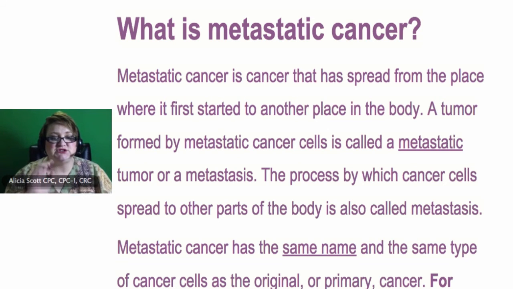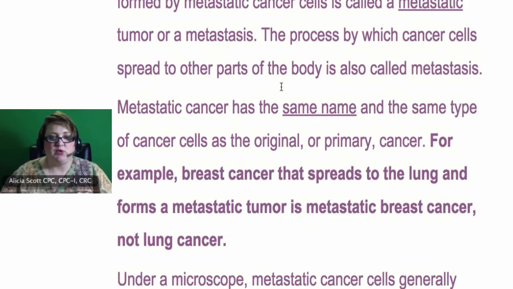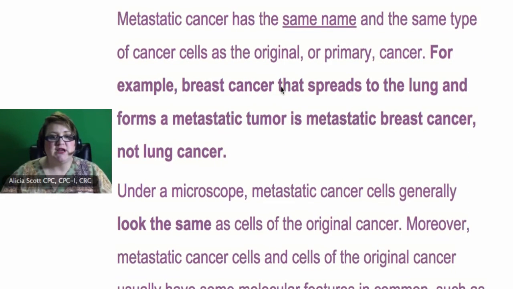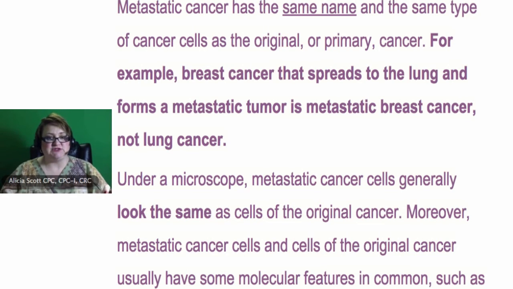Now, as we scroll down just a little bit more, here's the key. I bolded it for us. For example, breast cancer that spreads to the lung and forms a metastatic tumor is metastatic breast cancer, not lung cancer. That throws people, right?